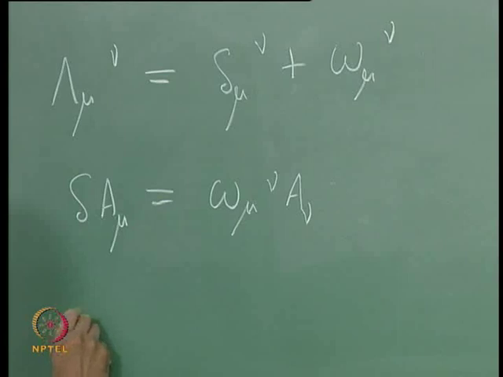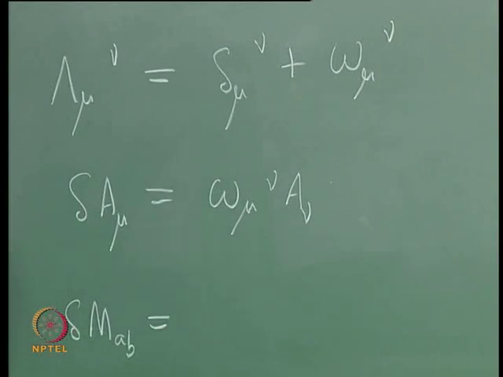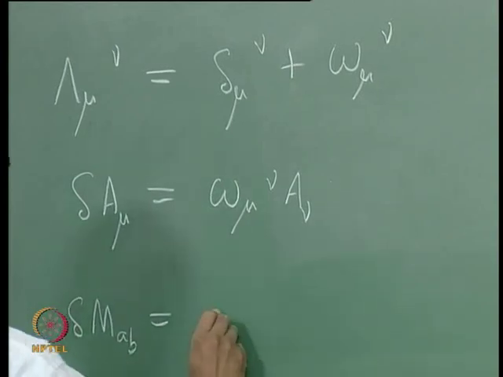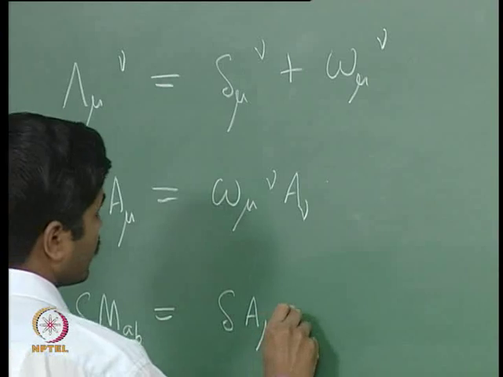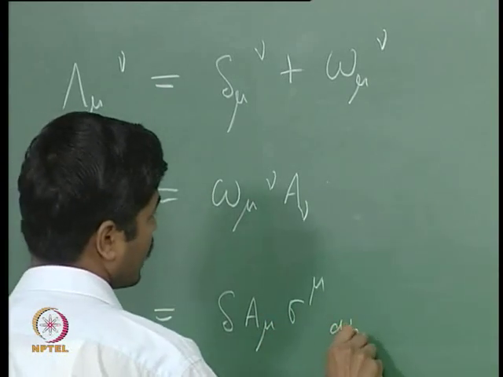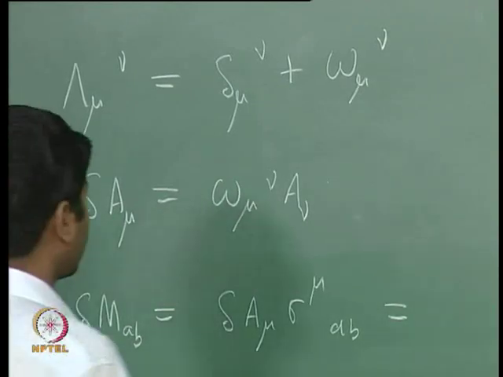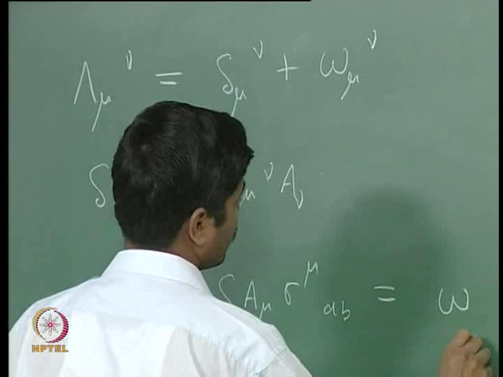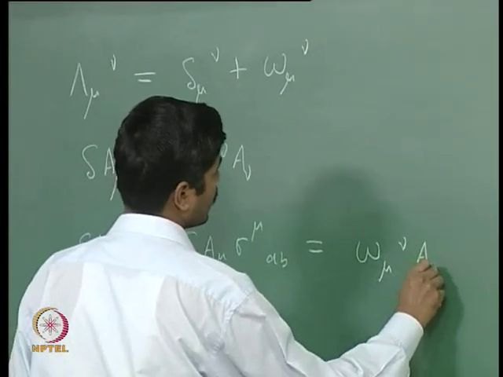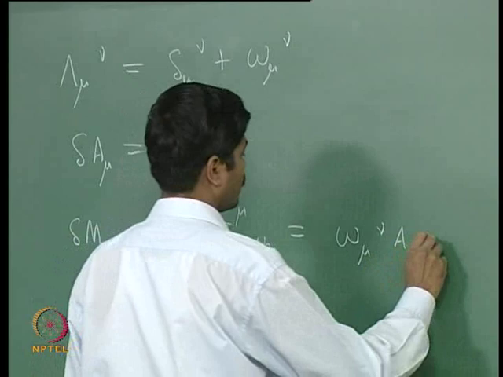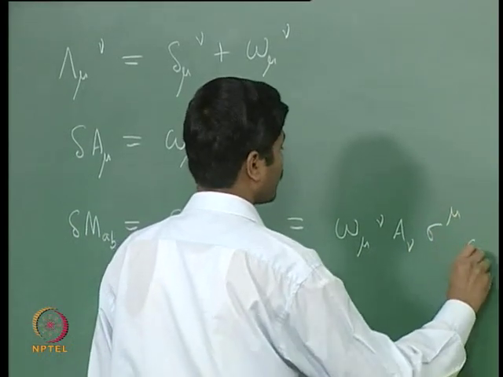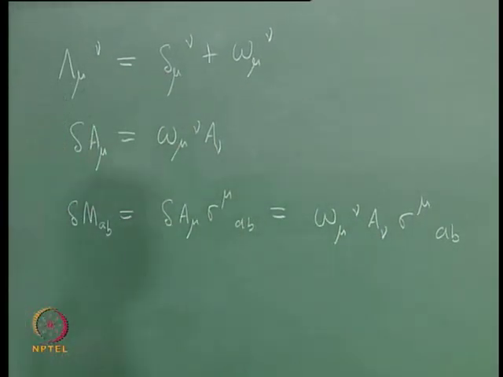Whereas this delta M_AB, which is nothing but delta A mu sigma mu AB, is omega mu nu A nu sigma mu AB.